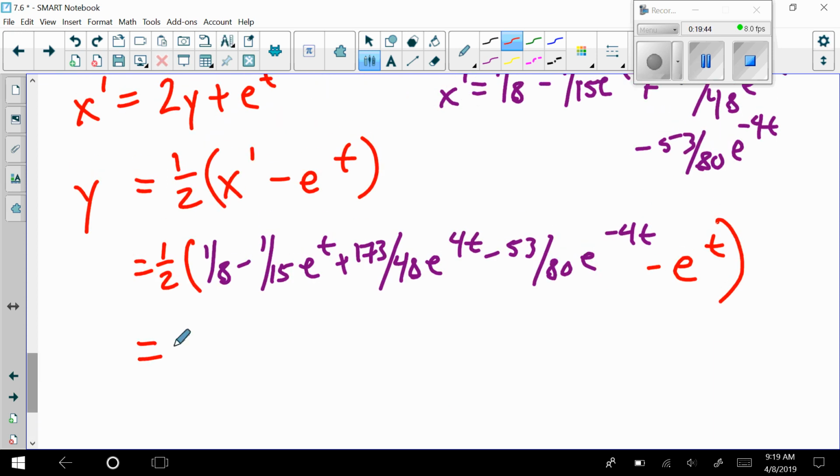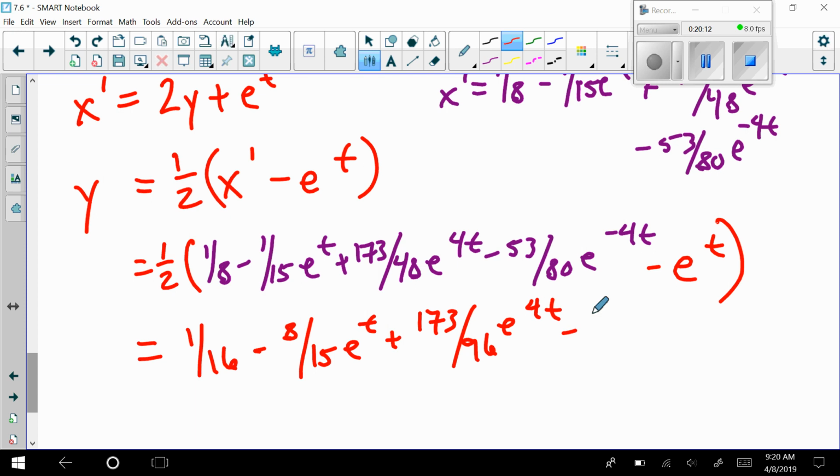Combining what I can and multiplying this 1/2 through at the same time, I think I get 1/16, oh, I don't want that to be a plus, minus 8/15 e to the t plus 173/96 e to the 4t minus 53/160 e to the negative 4t.